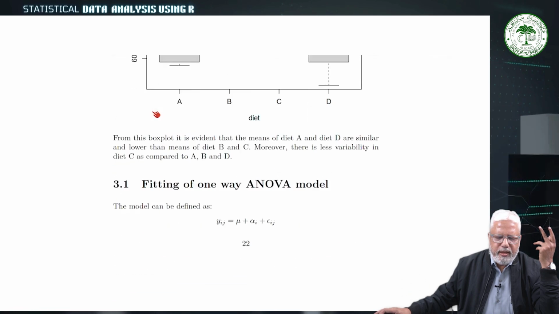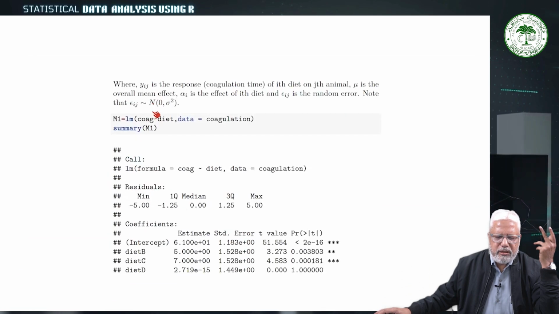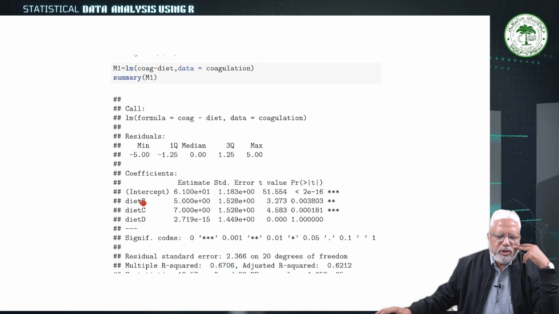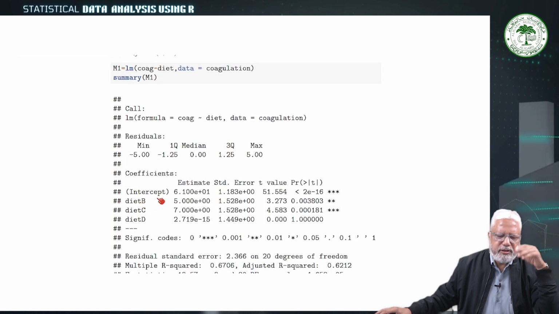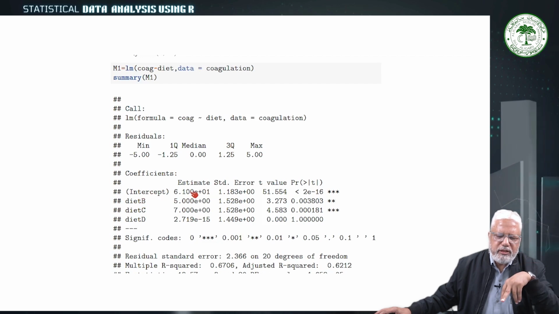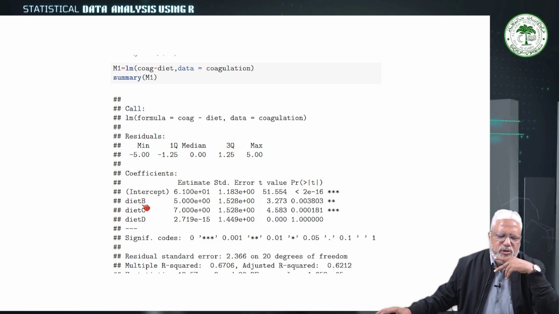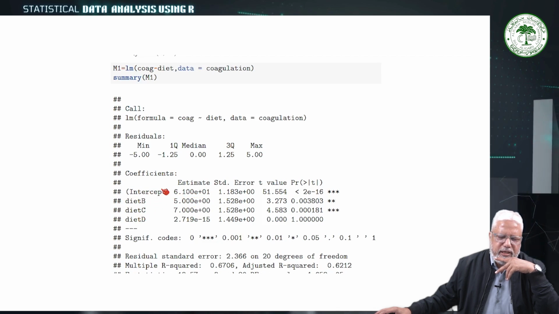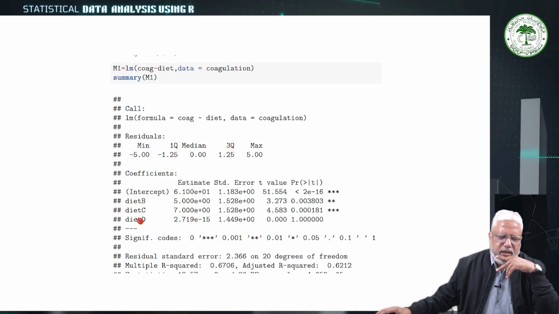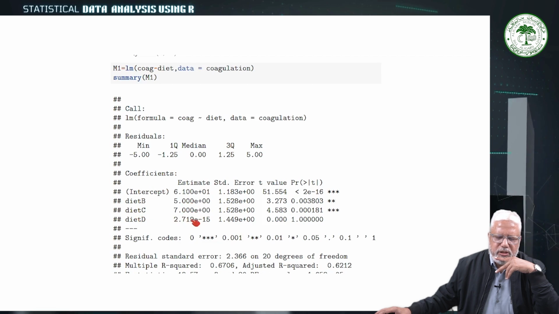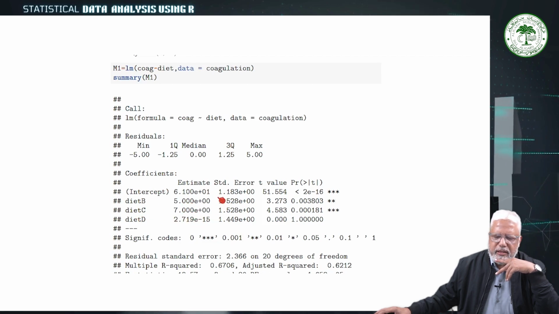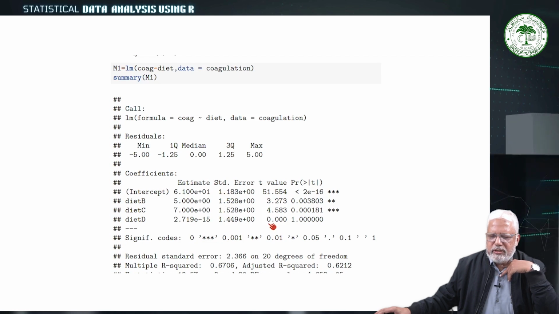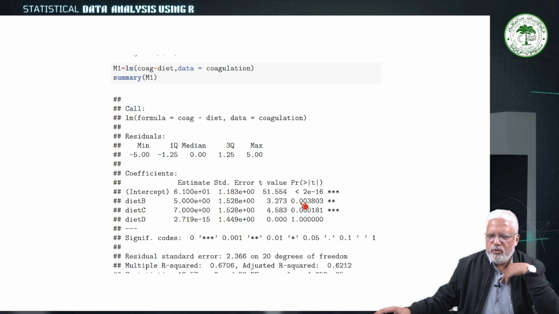So this reference has come here. This is diet B versus diet A. A has come into the intercept. This is 61. So diet B versus diet A, this is the difference. Diet C versus diet A, this is the difference. Diet D versus diet A, this is the difference. And then standard error, and then t value, and see the p value.